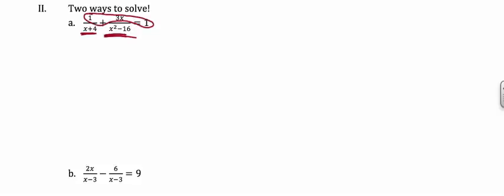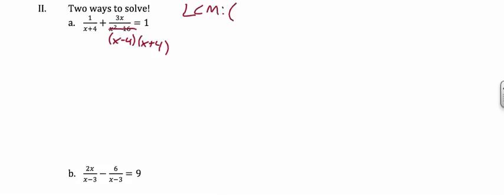I'm going to show you the first option, and that is to get a common denominator everywhere. So you need to figure out what your least common denominator is. Okay? So factor anywhere you can. We get x minus 4, x plus 4, difference of squares for that denominator. And so then our least common denominator is x minus 4, x plus 4.